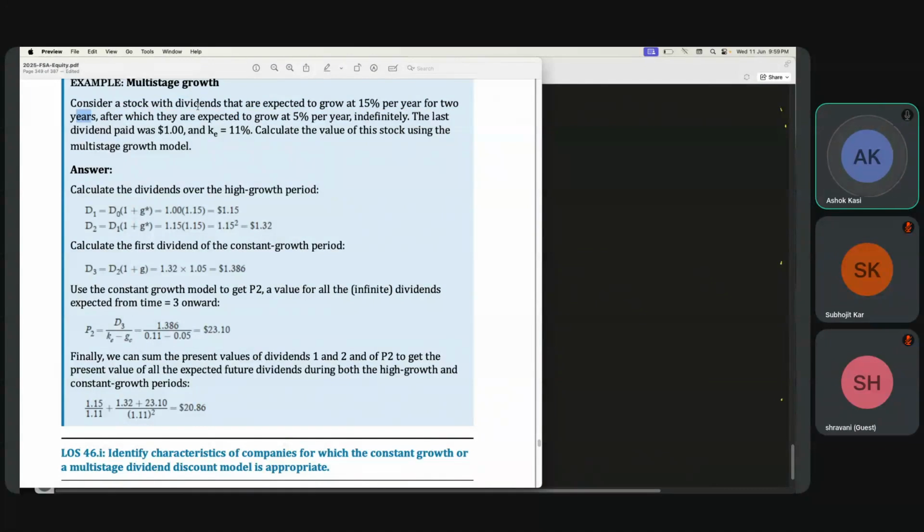Multi-stage growth means it is growing at different rates at different time periods. After 2 years, they are expected to grow at 5 percentage per year indefinitely, which means constant growth. The last dividend paid was $1. Cost of equity is also called required return on equity; both are the same. Calculate the value of the stock using the multi-stage growth model.